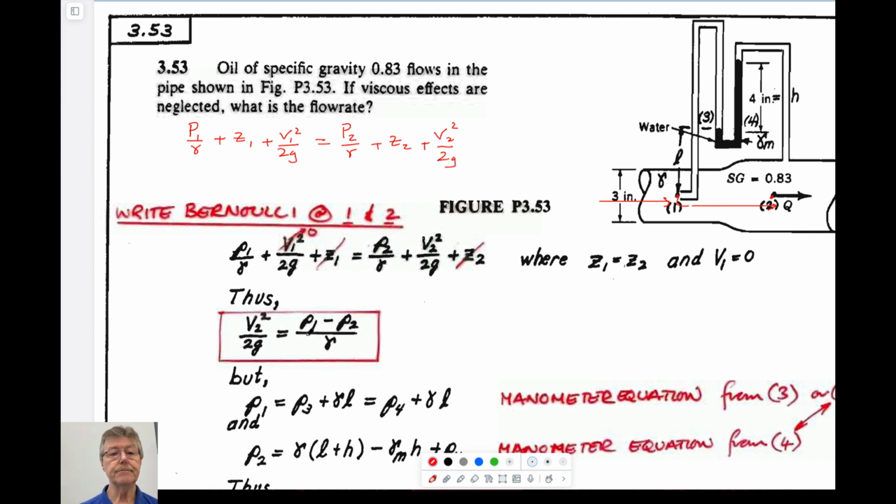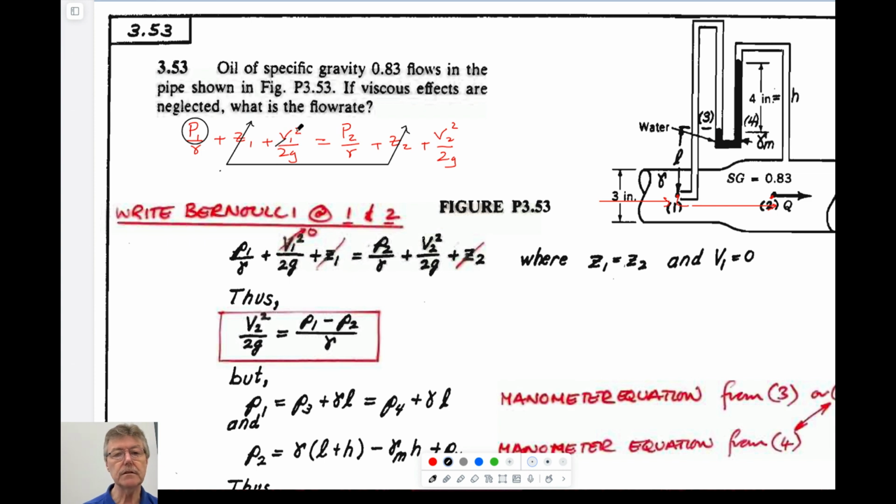So that's our expression. What do we know? We don't know P1. Let me circle the things that we don't know with my nice circle tool. Z1 and Z2 are the same. They're not zero. Well, they could be 0, I guess, if we just put the datum through there.